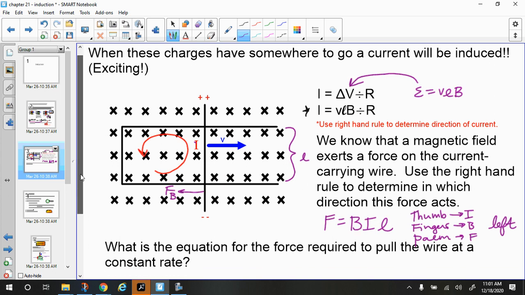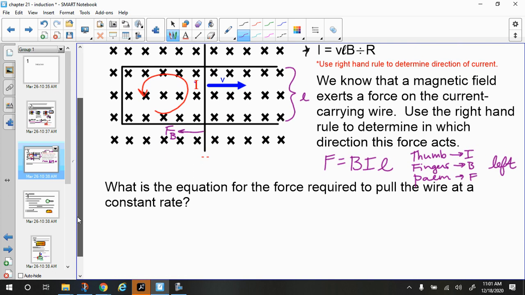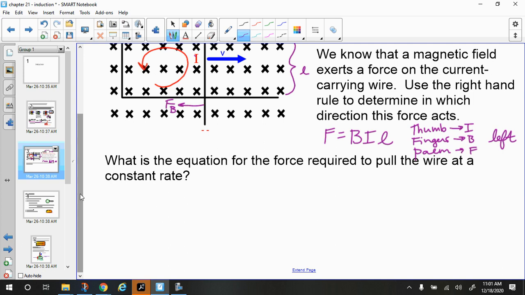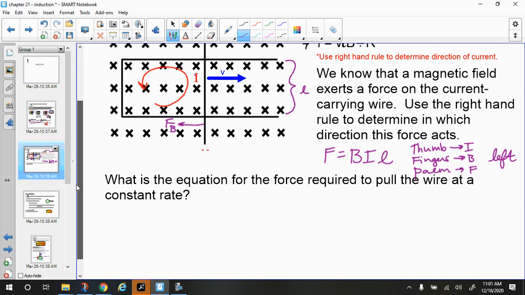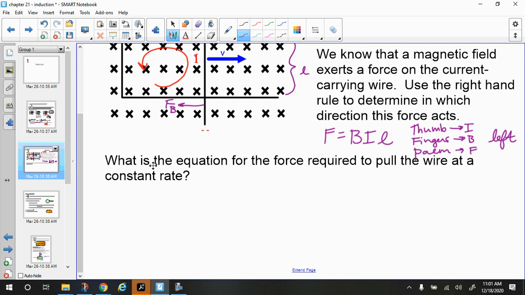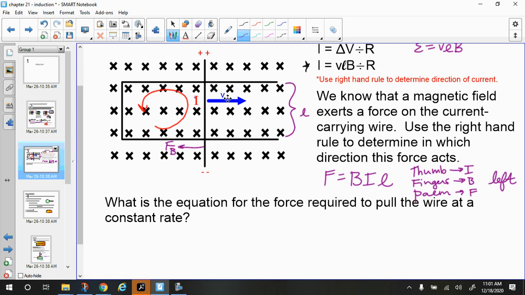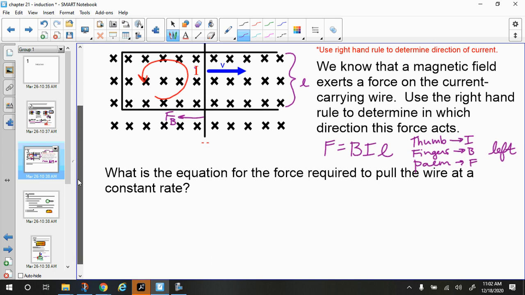Now this is kind of the intro to talking about induction. Well, this is induction. So what if we wanted to pull this bar at a constant rate? Because this bar is moving at a velocity to the right, but the induced force from the current that's induced in this wire is to the left. So it's opposing that motion, which is an important thing that we're going to see a lot of.